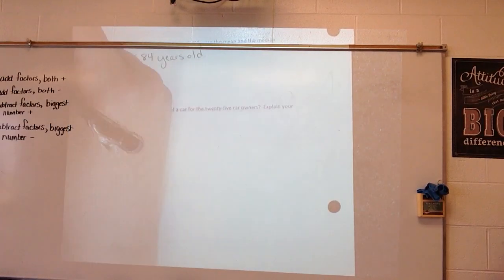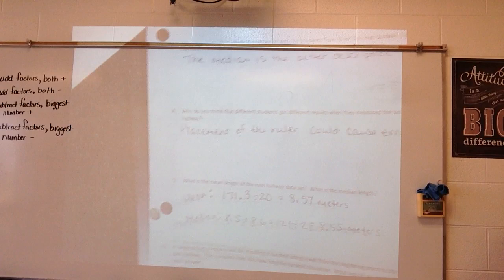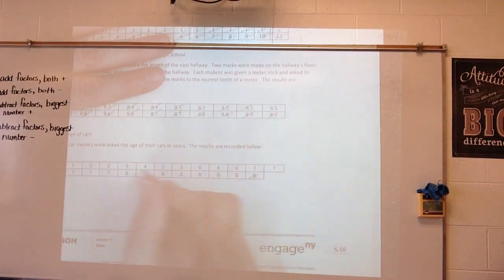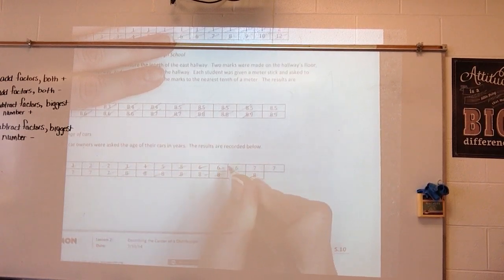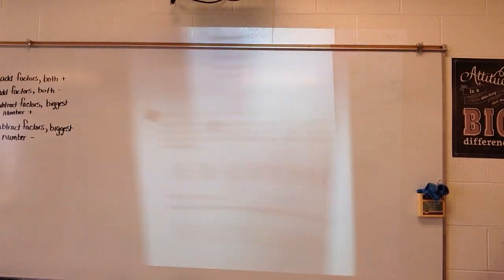Oh, I'm sorry, we have to find the median first. Alright, so let's find the median. So I can do 1 for 1. I see my median is 7.